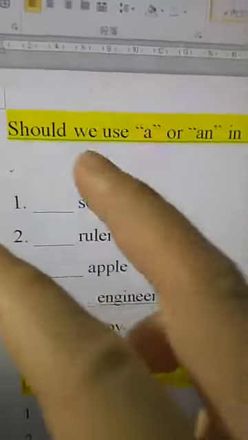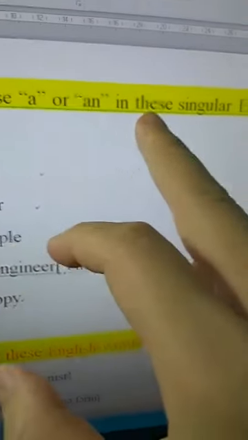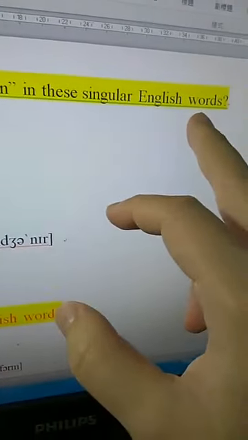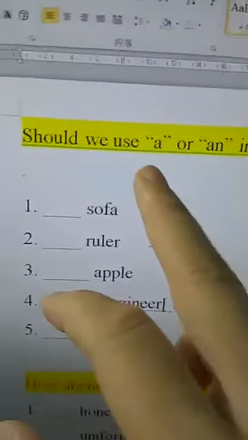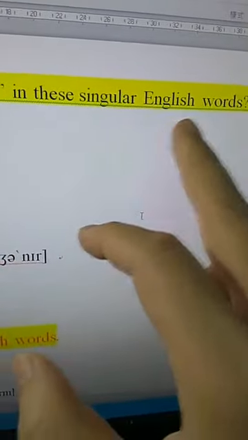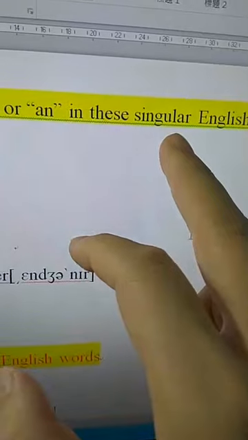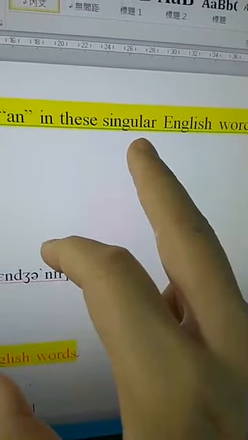Okay, my topic today is, should we use a or an in these singular English words? Once again, should we use a or an in these singular English words? We talk about the word singular, that means one, just one.